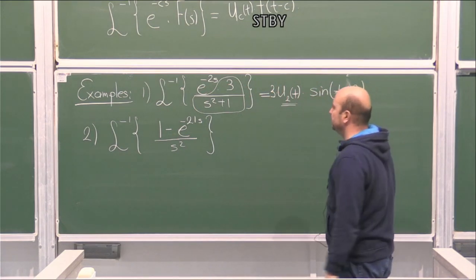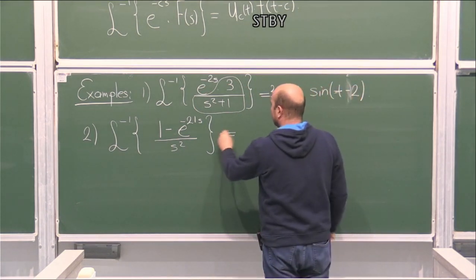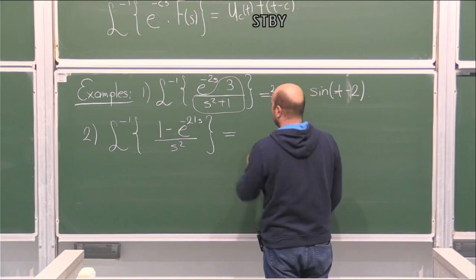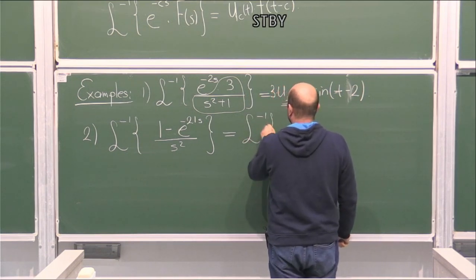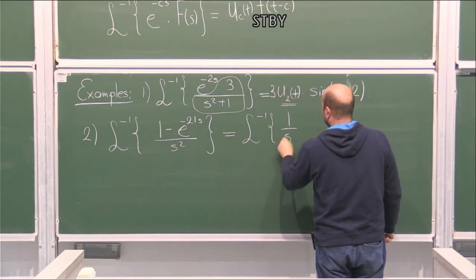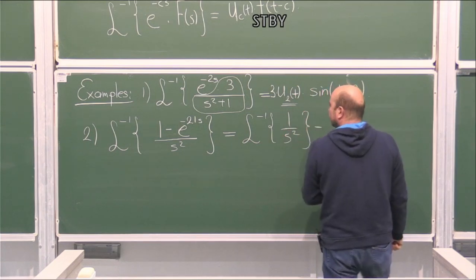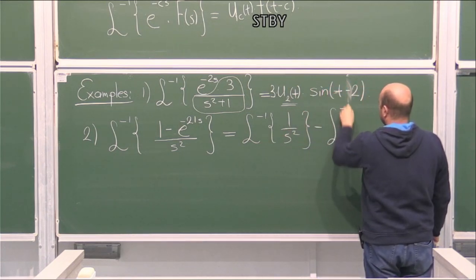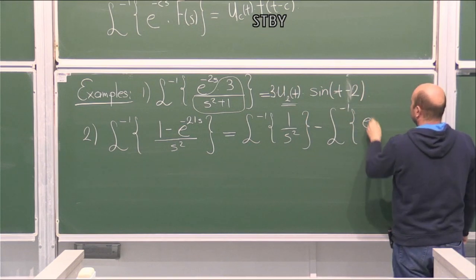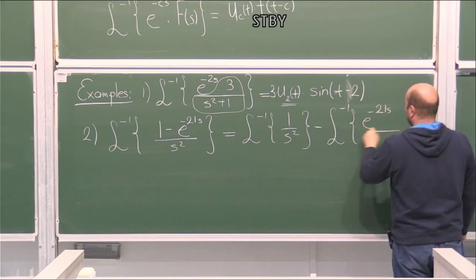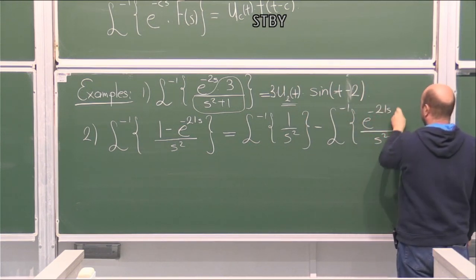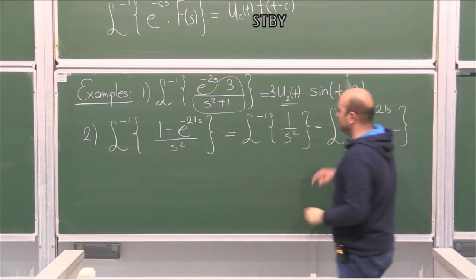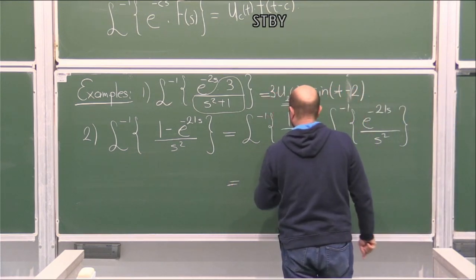So in this case, again, I will use the linearity of the L inverse. So this is going to be L inverse of 1 over s squared minus L inverse of e to the minus 21s over s squared. So I already know this. This is just t.